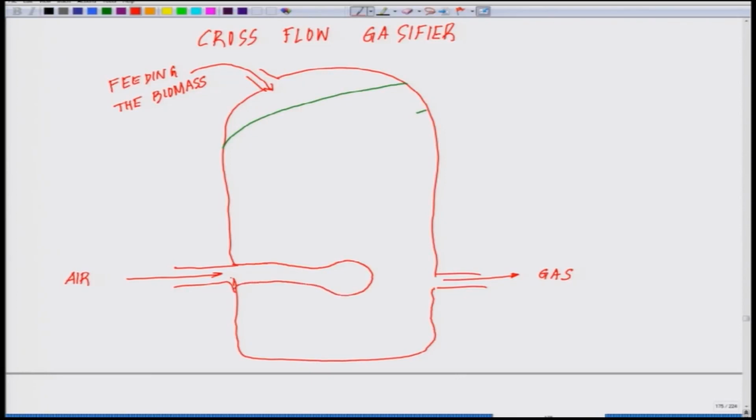Okay. So, the first level what you see will be the drying region where biomass is getting dried up. Next is the distillation zone, which I am putting in a different color for your better understanding.